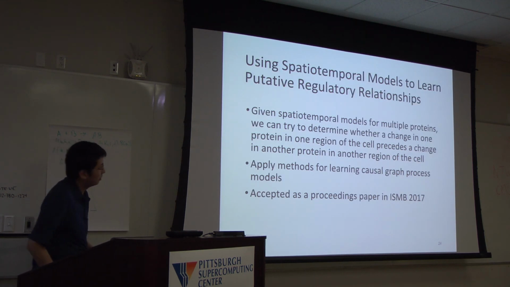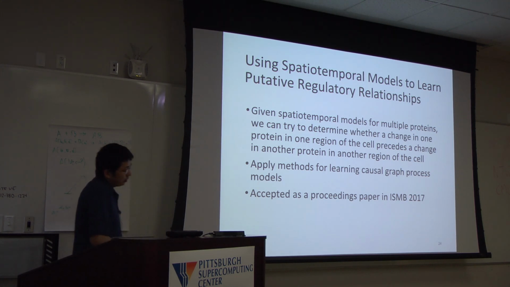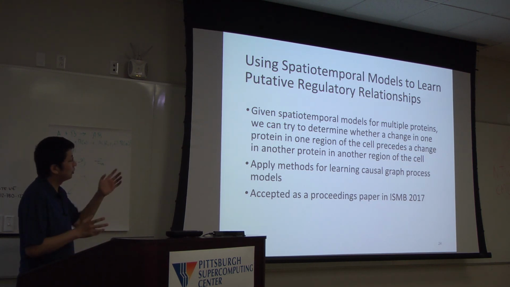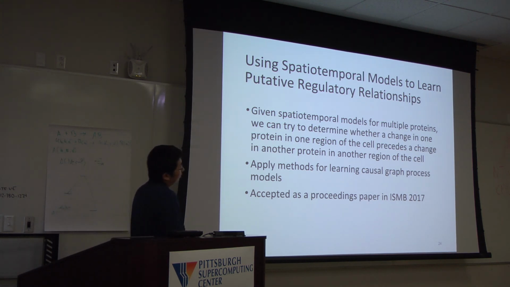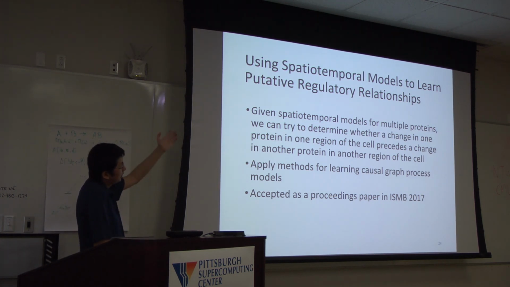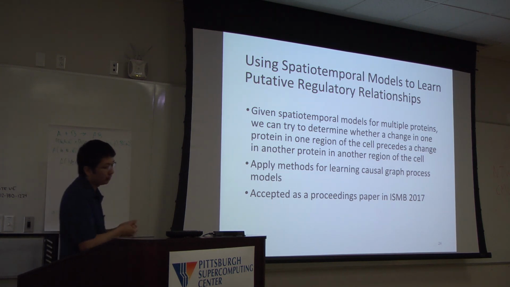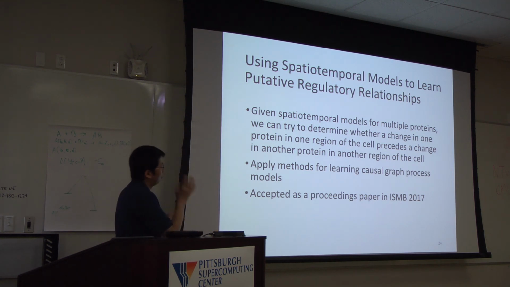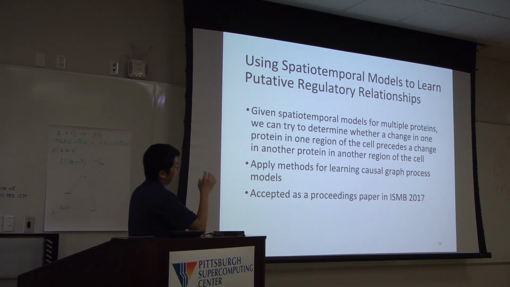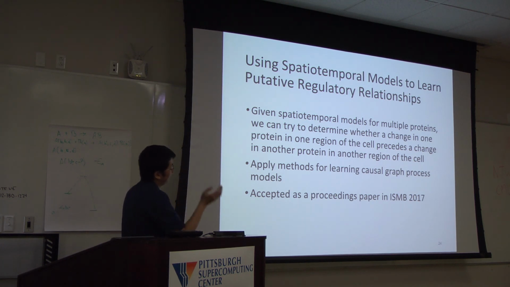And here's another application. Here we use the model as the input to learn the potential regulatory relationships. So given the spatial temporal T-cell models, we can try to determine whether the change in a region of one protein can regulate the region of another protein.